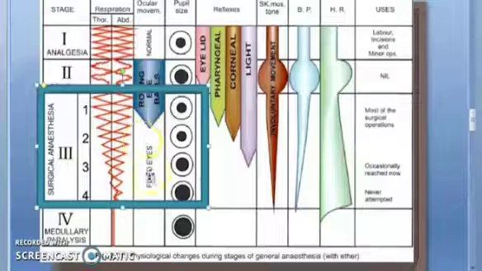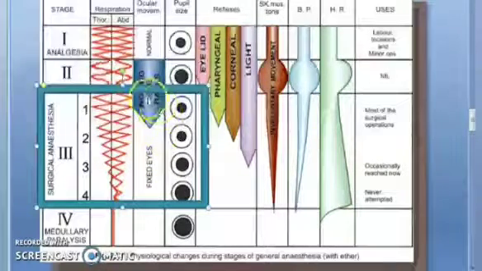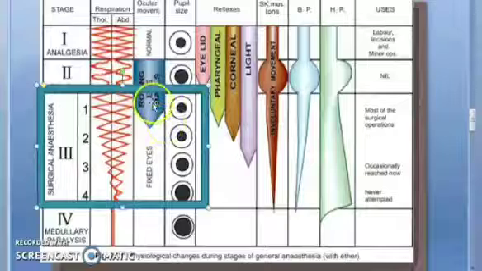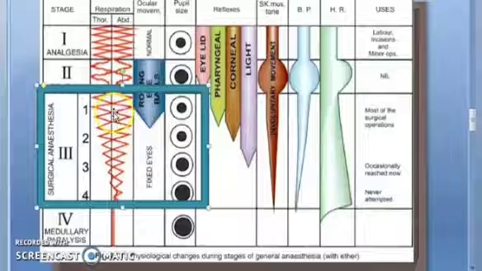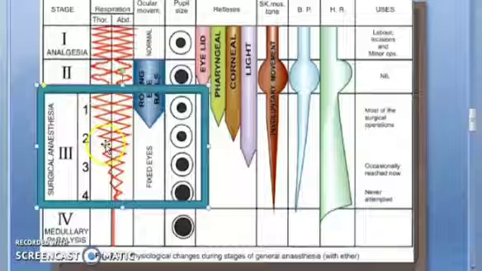Here if you look at the eyes, the roving of eyeballs is there in plane 1. Then after that there are only fixed eyes. 2, 3, 4 is fixed eyes. So there are 4 planes, guys. You should know this.